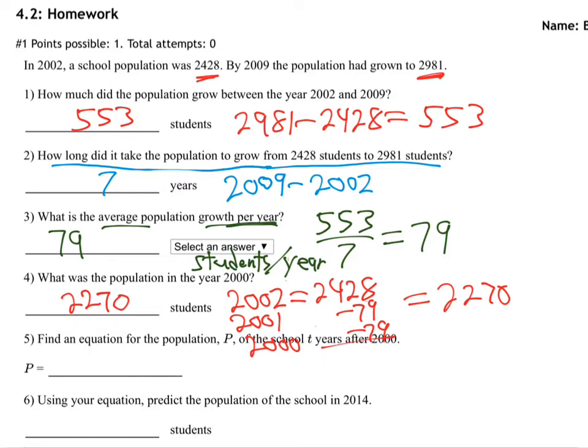Next question. Find an equation for the population P of the school T years after 2000. T years after 2000. So how are we going to do this? The population.